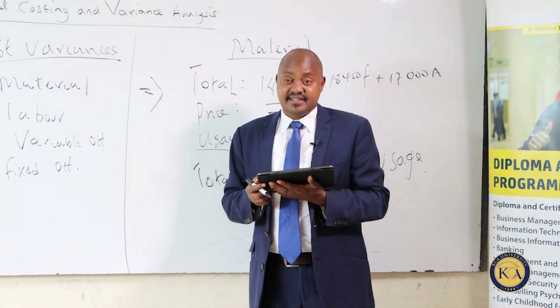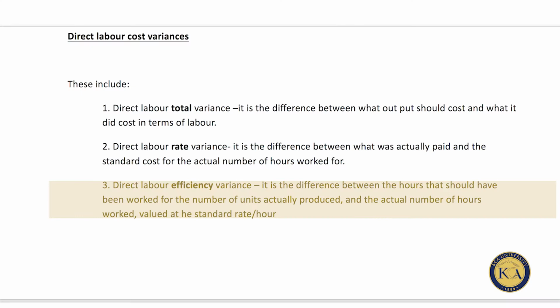The other variance is the labor efficiency variance. And the labor efficiency variance is also computed the same way, just like the material usage variance. The labor efficiency variance actually is what actual output should have used in terms of labor hours and what actual output actively used, and I stress that word actively.